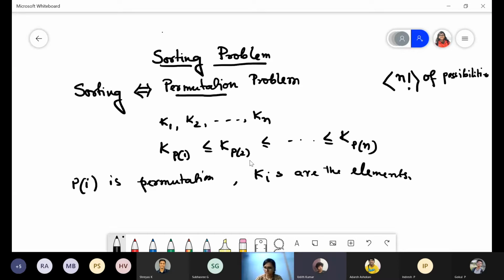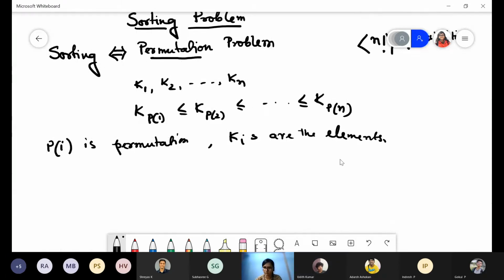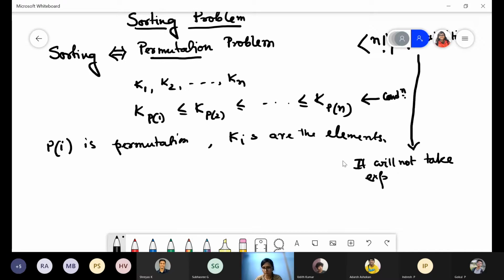But is it so in practical case? No. Although it is a specific kind of permutation problem, we have been given a condition, and given this condition, it will not take exponential time because we don't have to explore all possible factorial n permutations.